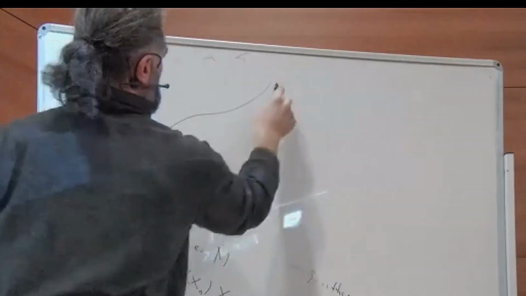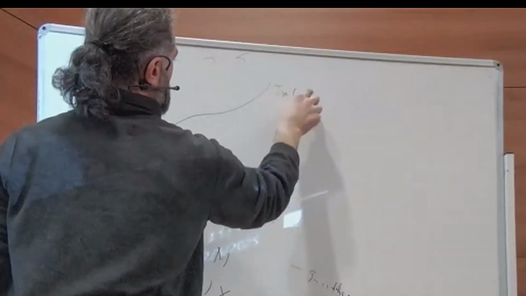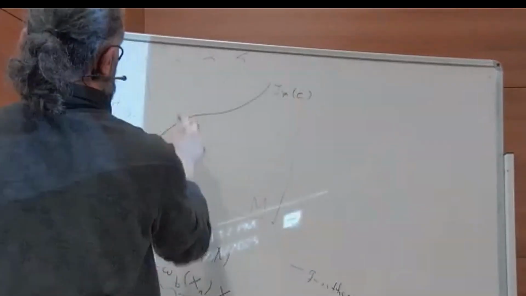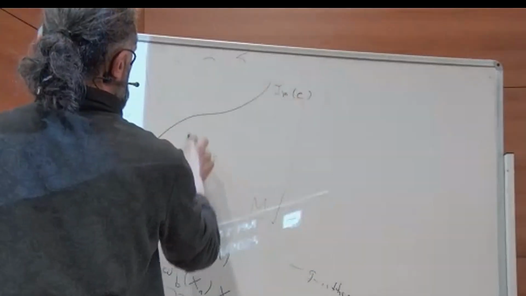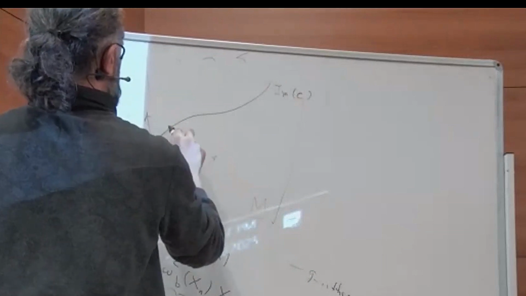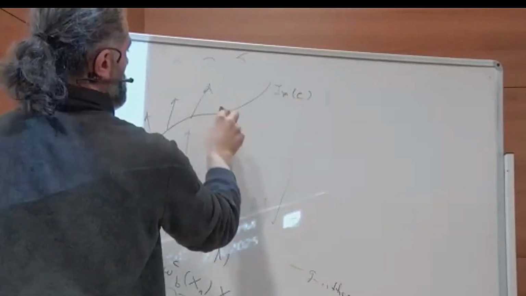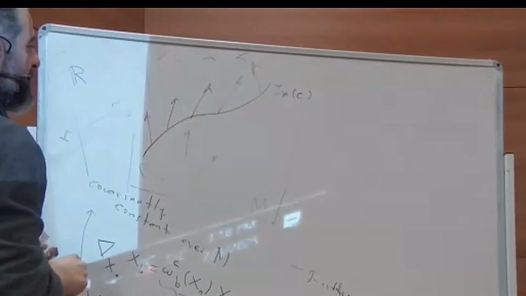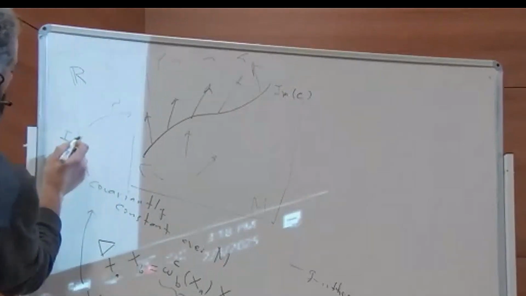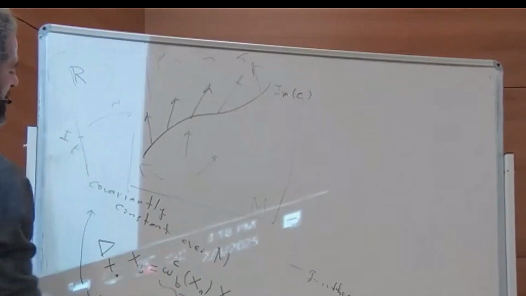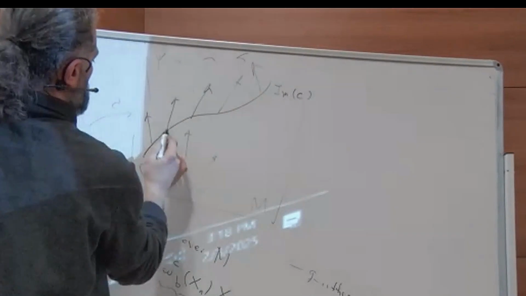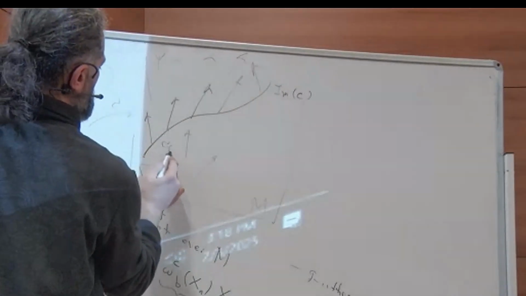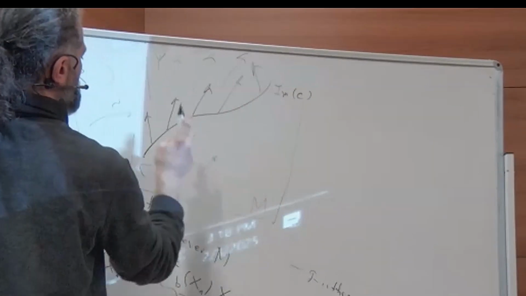This is the image of our curve, so it also has support on this curve. This is the Y vector field. You use a parameter t, so this point is c of t.